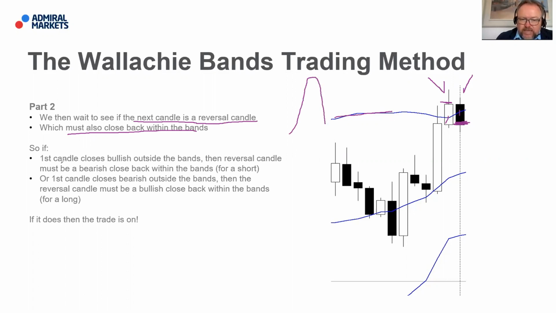That's what we're looking at. So the first candle closes bullish outside the bands, then the reversal candle must be a bearish close back within the bands if we've been hitting the upper Bollinger Band, getting ready for a short. Or alternatively, if price had come down to the bottom band, then if we have a bearish close outside of the bands, the next candle must effectively close back up within the band.